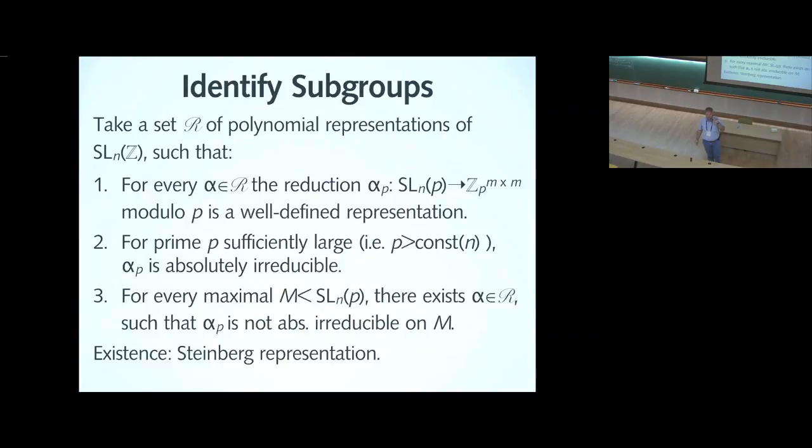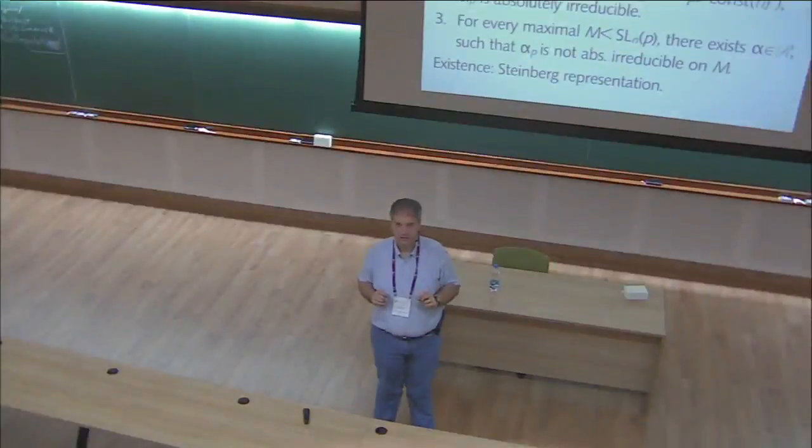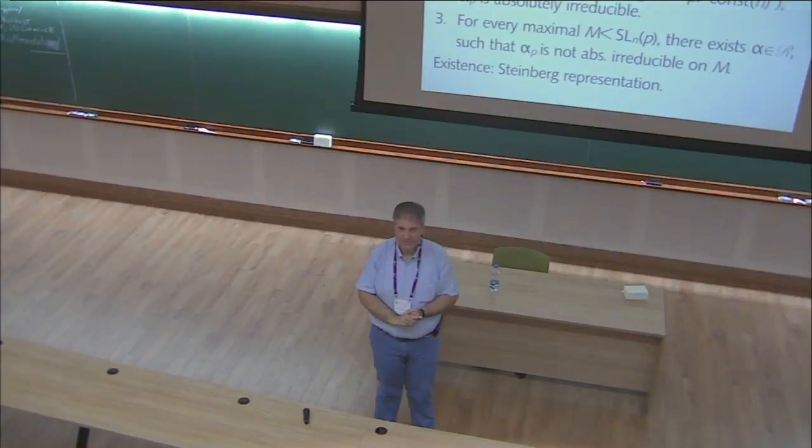Now I build other representations from the original one of SL and Z. For example, on the symmetric square and so on. I do the same trick. It's in some way like a commutative diagram. I could go first modulo P and build these.